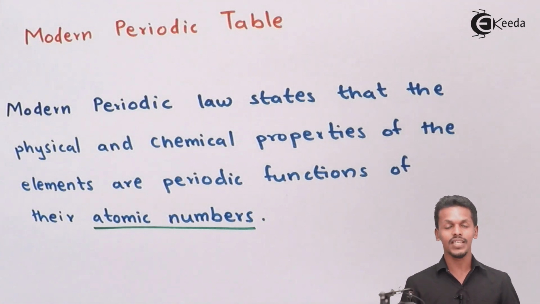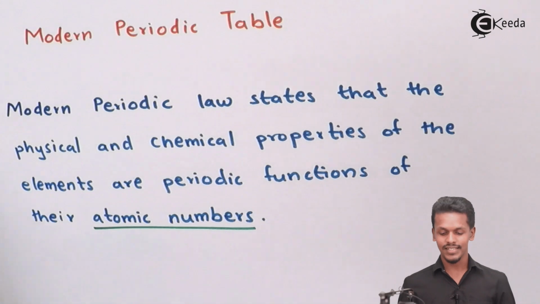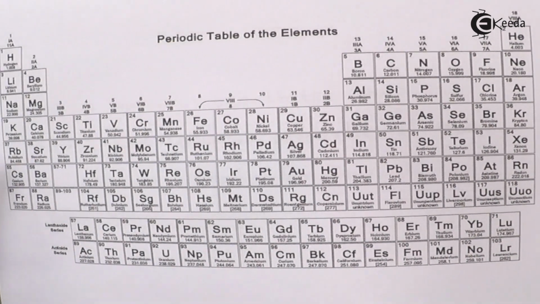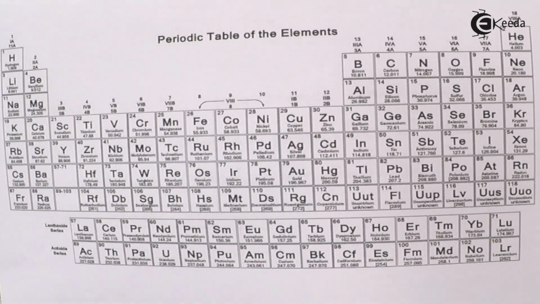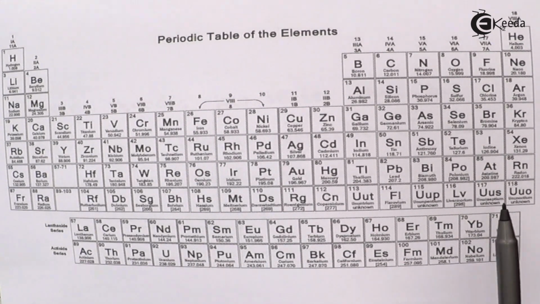Now we are going to see the modern periodic table, which is this. This is the modern periodic table as we know, and it consists of basically 118 elements, in which the lower part, as you could see, was not discovered earlier, but now these elements are being discovered or invented, making all the 118 elements fulfilled.